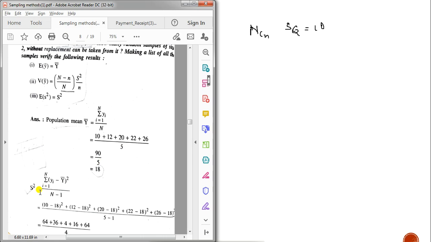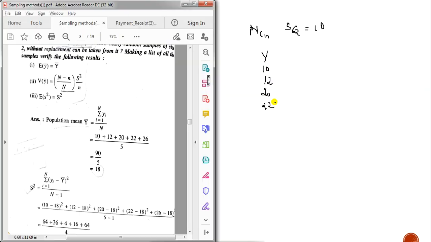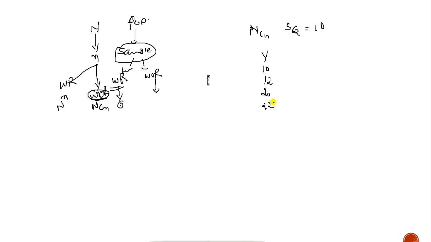Capital S square. Let me remind you of the numbers: 10, 12, 20, 22 and 26. I will prepare a table with 10, 12, 20, 22 and the last number, 26. Then I will prepare one more column, yi minus Y bar.